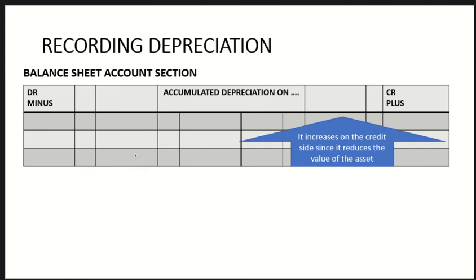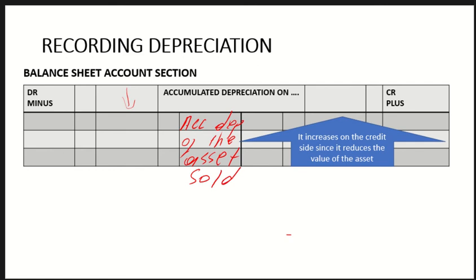Meaning that this account will actually decrease on which side, guys? It will simply decrease on the debit side. And it will be decreased by the accumulated depreciation of the asset sold, okay?